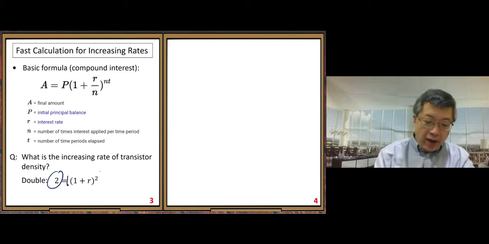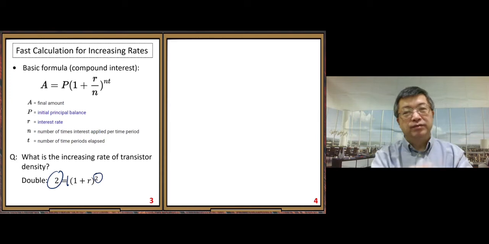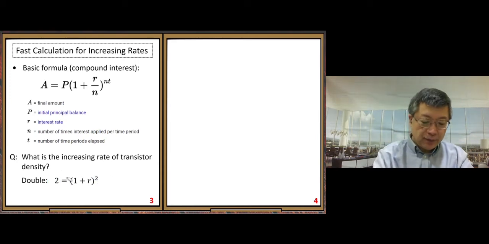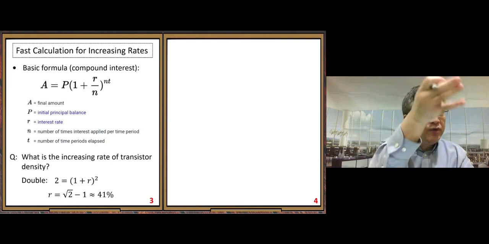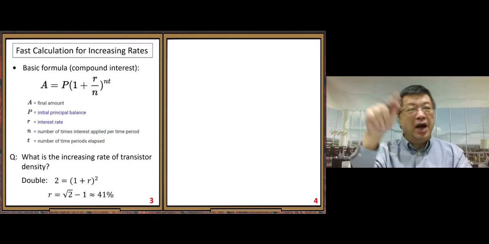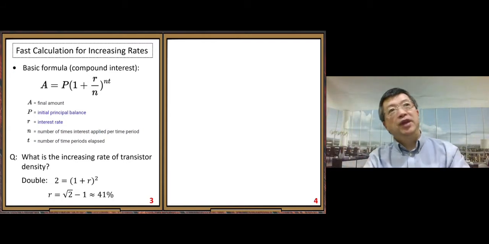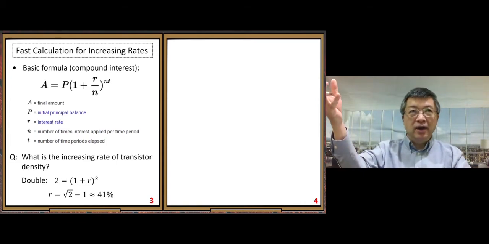Then every 2 years, N equals 2, exponent equals 2. All right. So now we can calculate the increasing rate R easily: the square root of 2 minus 1, 41%. Increasing rate 41%. So very high.